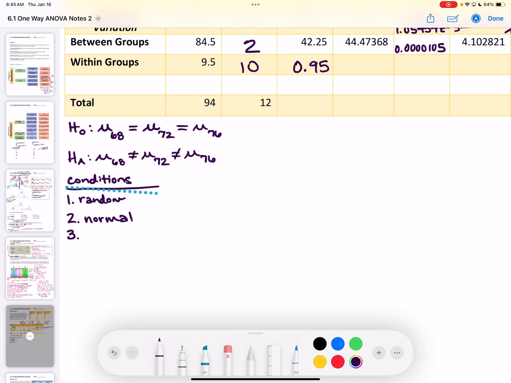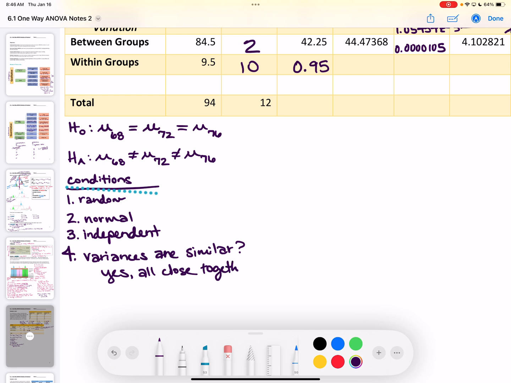All right, third one, independent. And then the fourth one that you only have to check one time is that the variances are similar. So I am going to answer that one because that data is right up there for me. I'm going to say yes, all close together, because I had 1.26, 0.71, and 0.96.